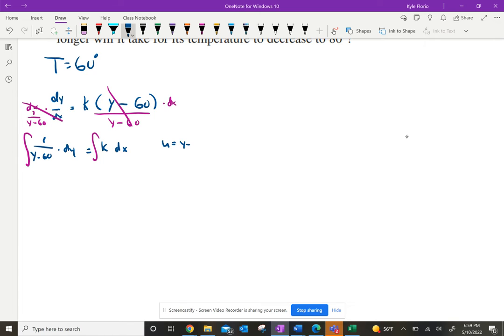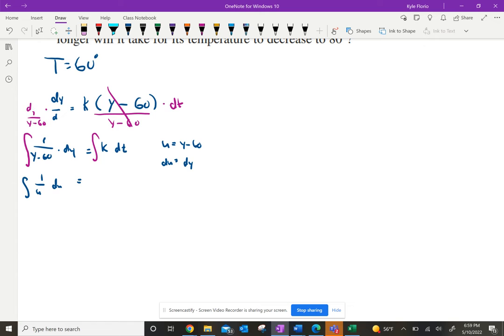If I take u to be y minus 60, then the derivative of y minus 60 is just 1 dy. So this integral is now going to become 1 over u, and that dy is going to be replaced by du. Now on the other side, the antiderivative of k, I'm using an x here. I'm going to actually go back and use t for time. Let's use t for time, dt.